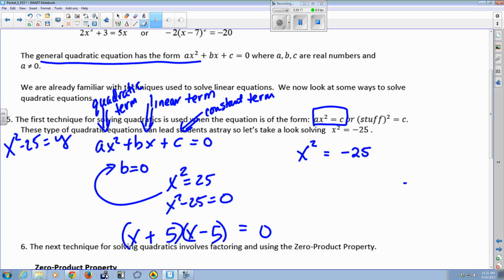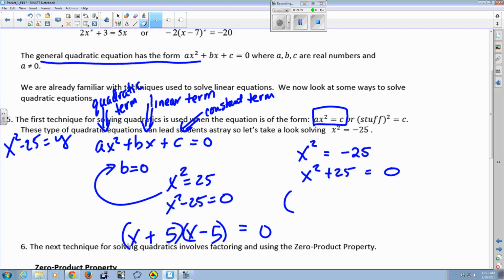Okay? Guess what? When we have a negative over here, before you were taught you can't factor sums of perfect squares, which you can't with real numbers. If I had x squared plus 25 there, you'd say it was prime. Now we can, because we have the square root of negative 1. So yay! So we add 25 to both sides.